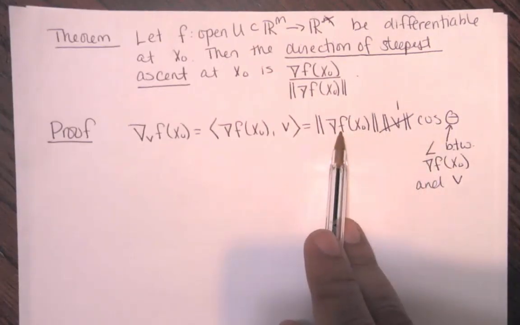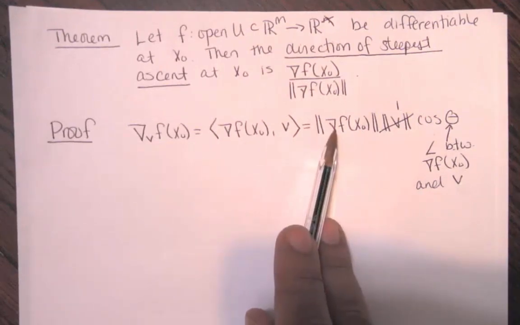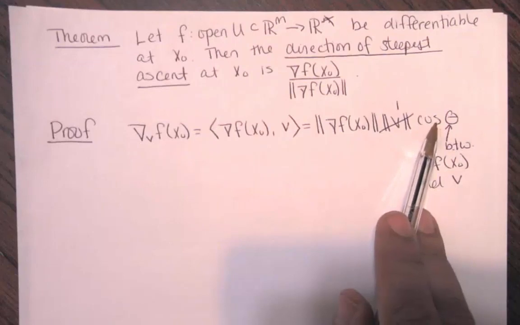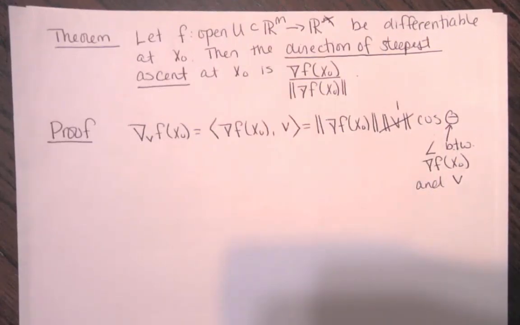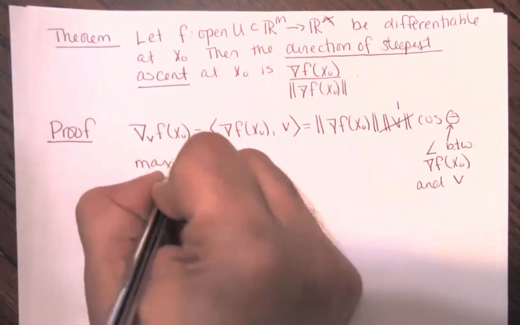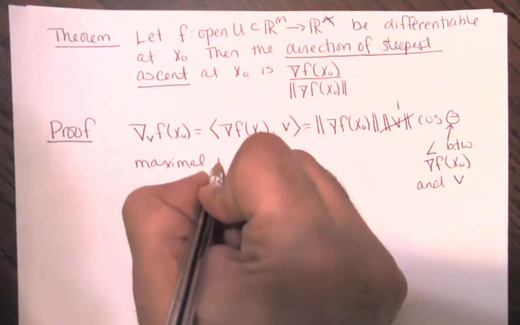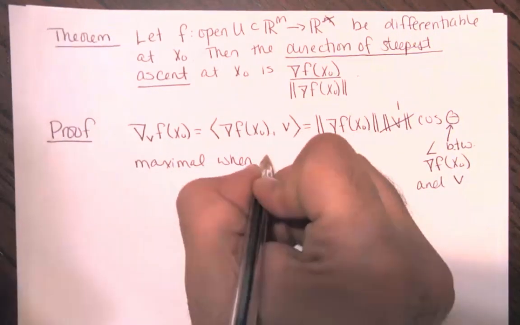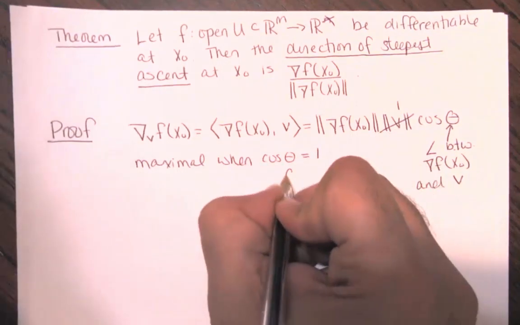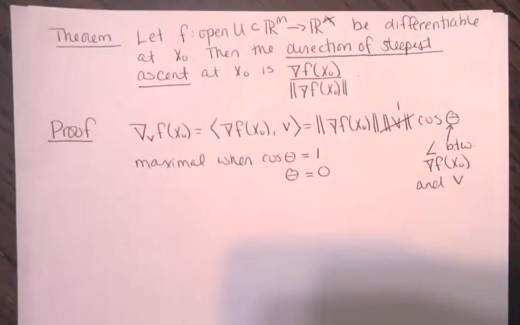Well, the gradient at a point is the gradient. There's no choice of v that's going to change what the gradient is. But cosine of theta can be maximized. Cosine of theta is maximized when it's 1. So this is maximal when cosine of theta equals 1, or theta equals 0.